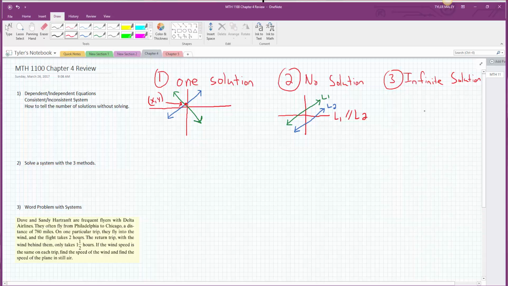And then infinite solutions is when both equations are graphed on top of each other. So here's the blue, then the green is literally right on top, right? So every point matches.